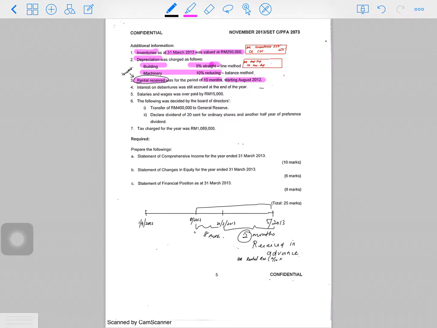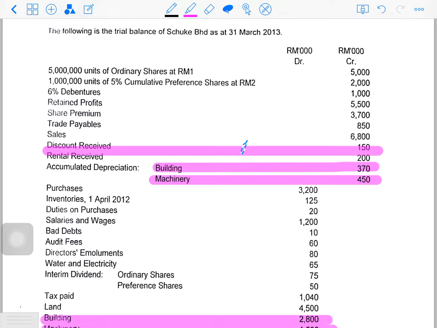You have to look at the trial balance. Rental receive here, 200.